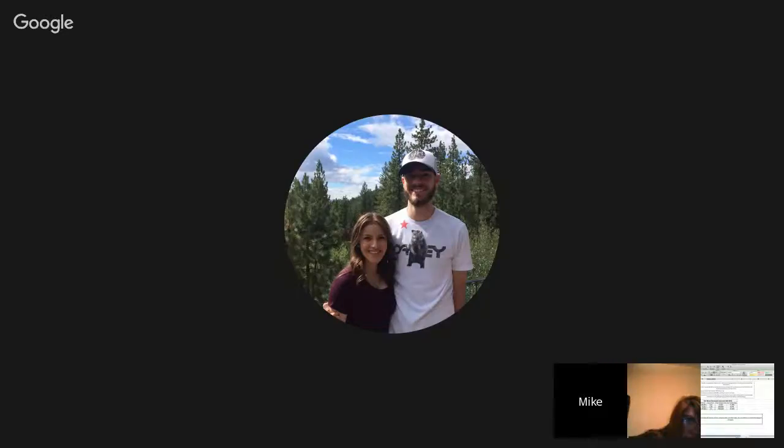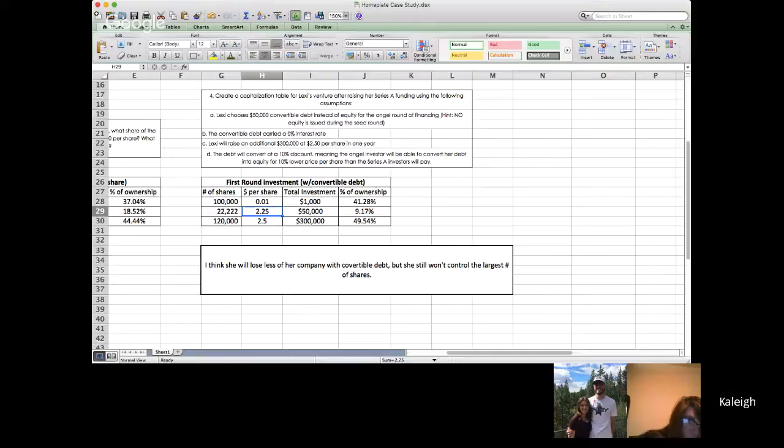So we'd subtract 25 cents from 250 and get 225. And then we're able to find out how many shares they're able to buy based on 50,000.